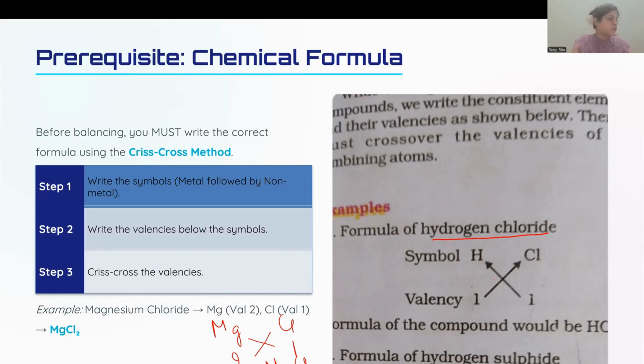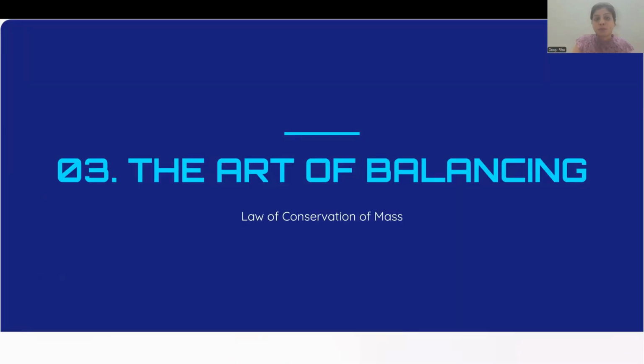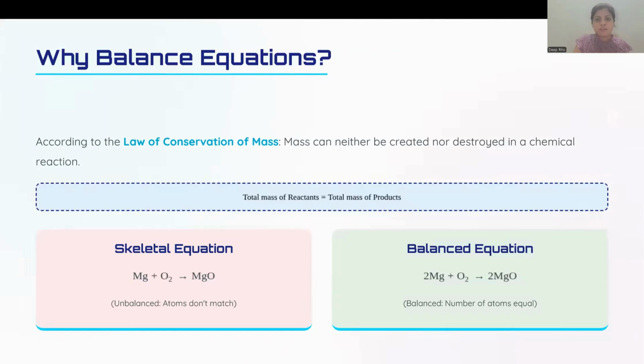After that, let's learn how to balance a chemical equation, which is the most important part. Let's do the art of balancing. Today we are going to learn why there is a need to balance the equation: to fulfill the law of conservation of mass, which says mass can neither be created nor destroyed.